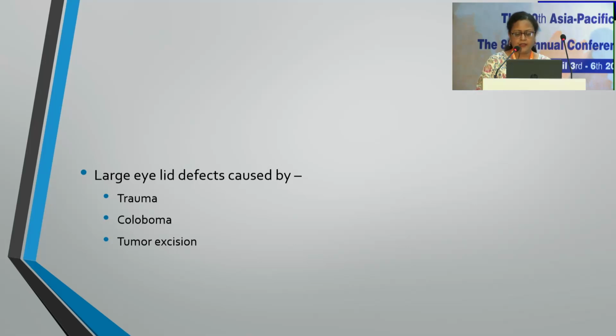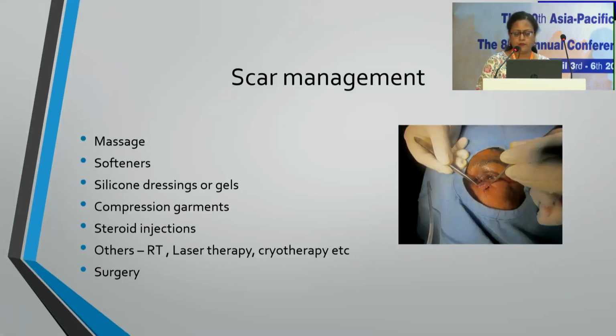Now, large eyelid defects are caused by trauma, can be following coloboma, or following tumor excision. Now, we have to reconstruct the eyelid, and subsequent to the eyelid reconstruction, if there is formation of scar, we have to manage them. Now, there are different methods, conservative and surgical.